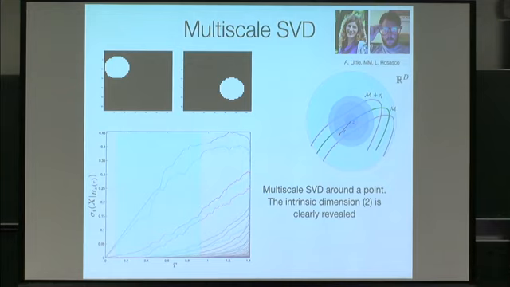And the way we do this is we use principal components, but not global principal components. We use multi-scale principal components. So we pick a point Z, we pick a radius R, and we do principal components, and we store the singular values. And then we change R. What's going to happen is the following.